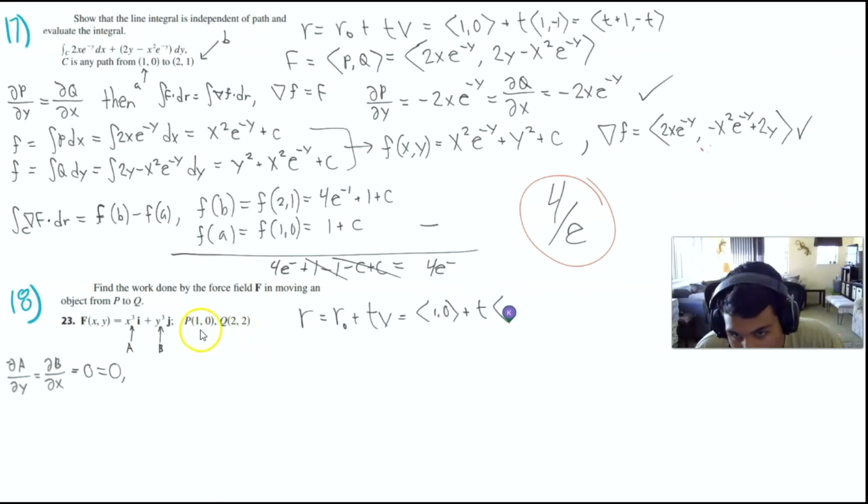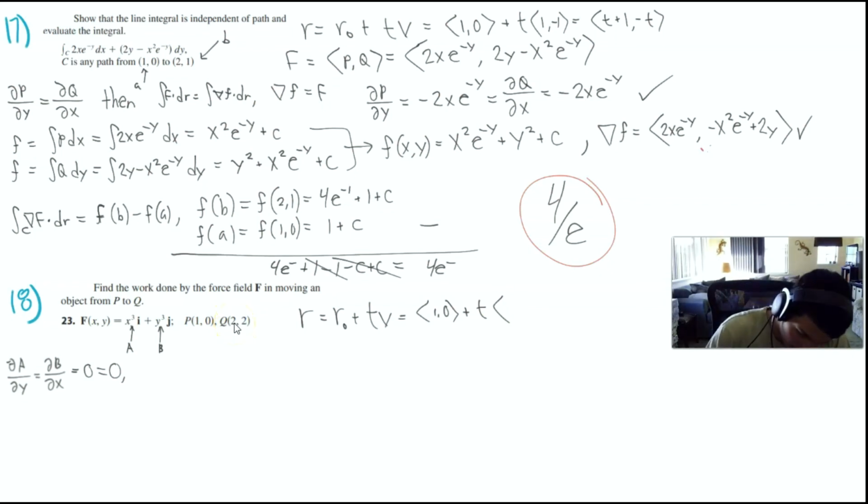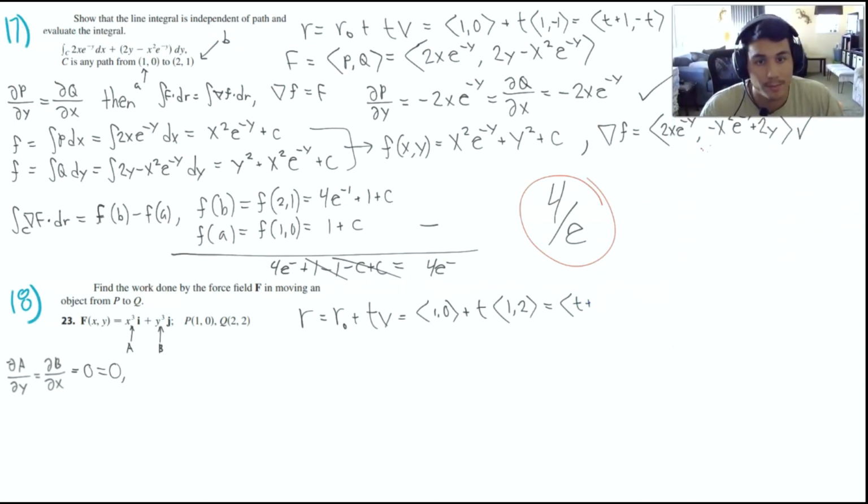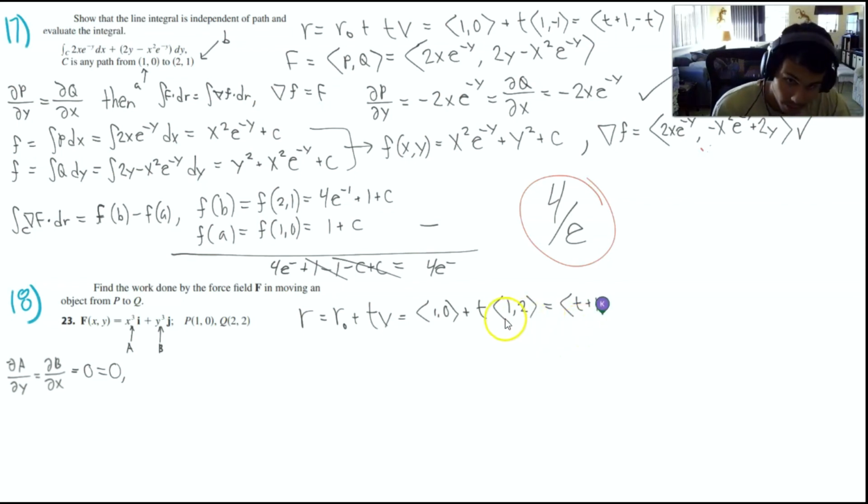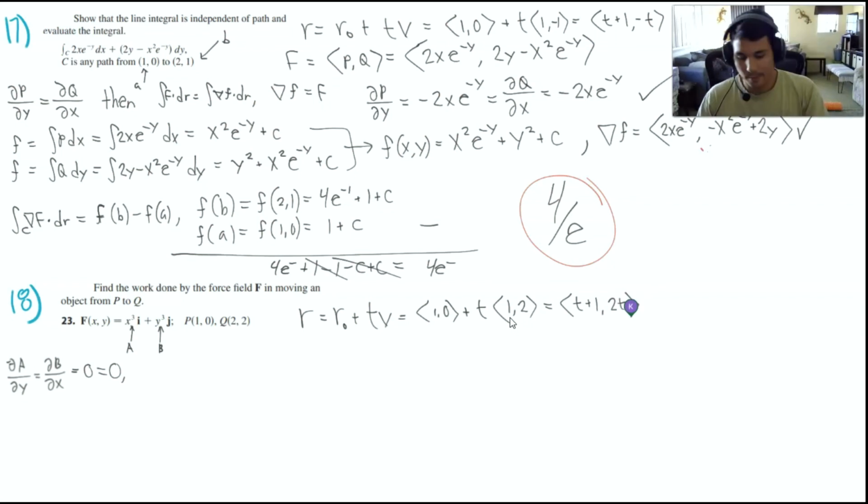Okay, what's the change? It goes from 1 to 2, that's 1. And it goes from 0 to 2, that's 2. Then we could write this vector as (t plus 1, 2t). Okay, that's our vector function.